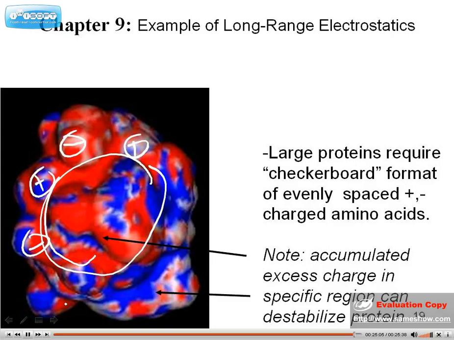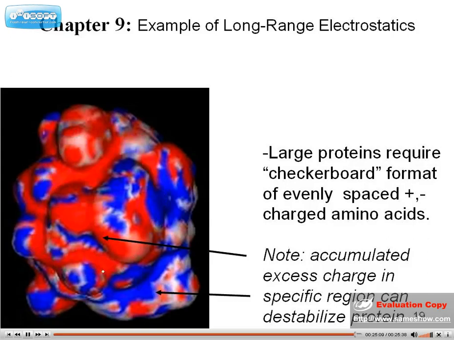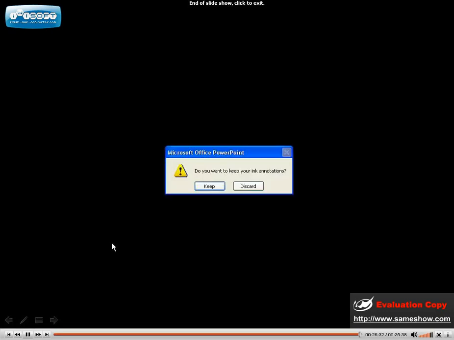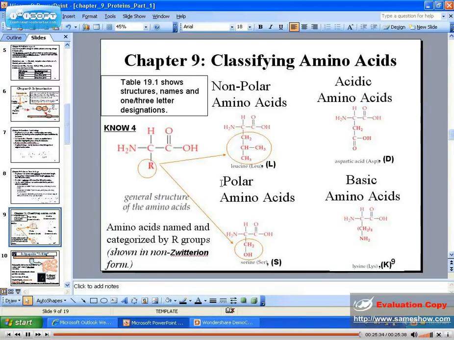Whenever you have proteins which are considered very unstable, they tend to have an excess positive or negative charge in one area. Consequently, it disrupts the overall protein and makes it easier for it to fall apart. The more stable proteins, which are more resistant to falling apart, tend to have evenly balanced out checkerboard positive and negative amino acids spread out uniformly through the protein. Pretty cool stuff. So this concludes the summary of this portion of the Chapter 9, Part 1 slides.